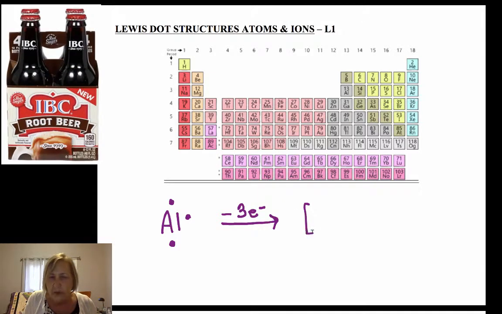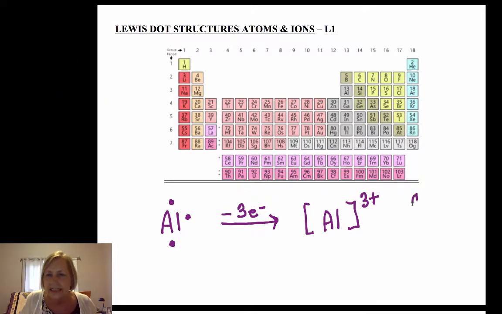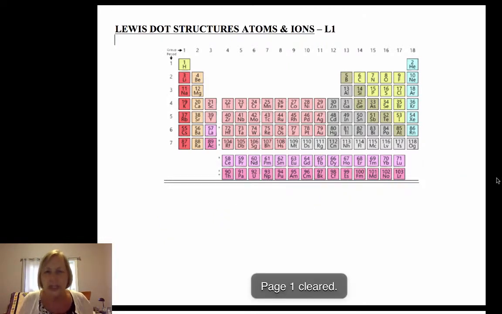So I have to put brackets and a charge. No more dots because it's lost all those dots. So it forms the aluminum cation, a positive ion, right? A cation.